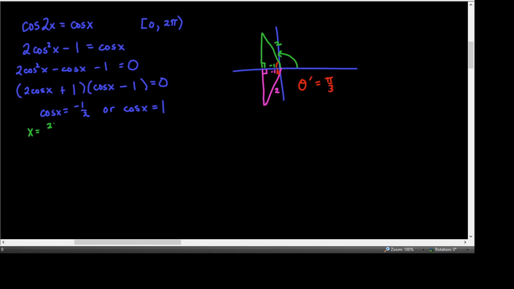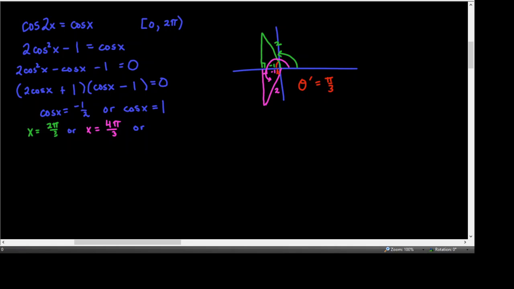Pi over 3 is correct. Then what's this angle? Starts here and goes all the way around to there. 4 pi over 3 is correct. And that's all of them between 0 and 2 pi that has cosine of an angle equals -1/2.